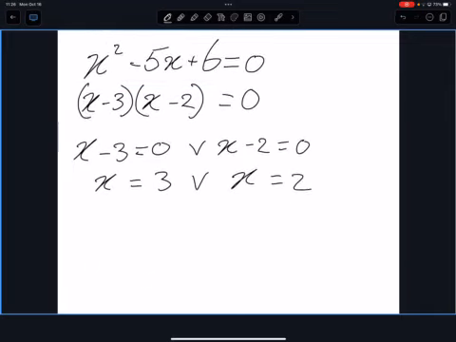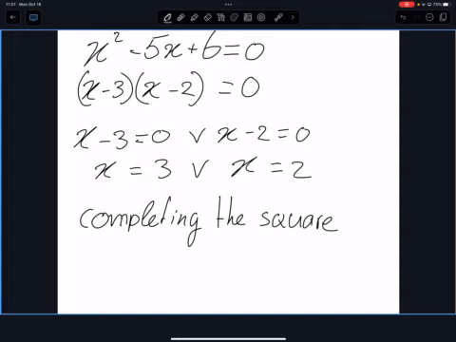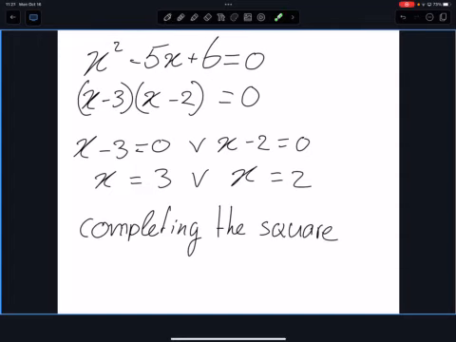And now, I would like to find the minimum value. Then we have to do something that's called completing the square. Completing the square. All right. Watch carefully.